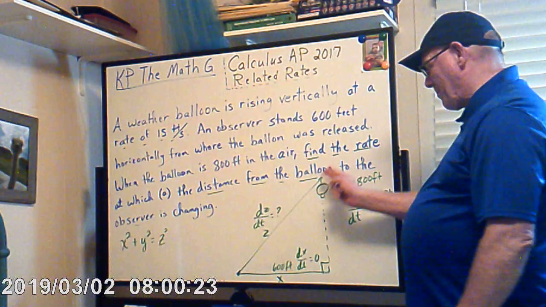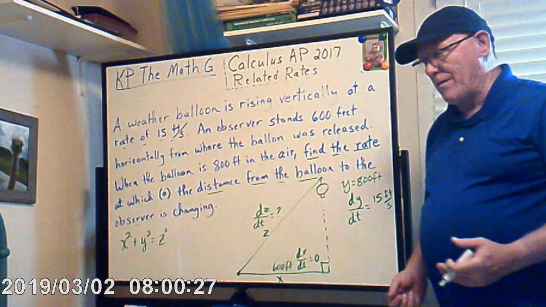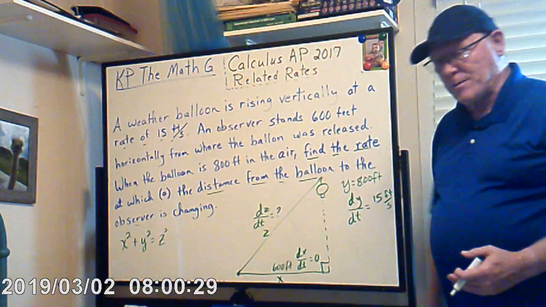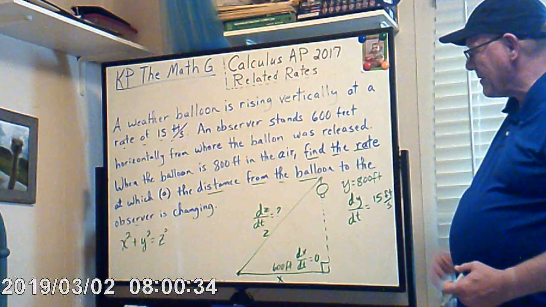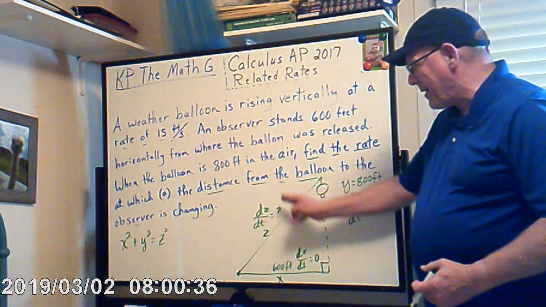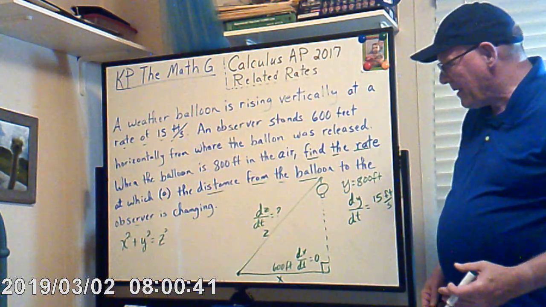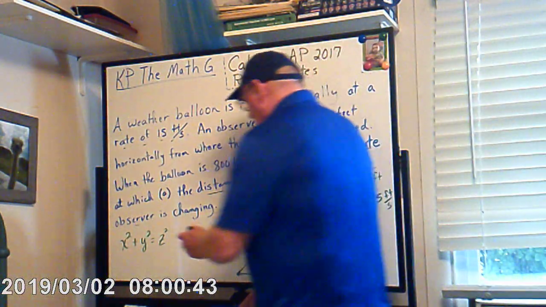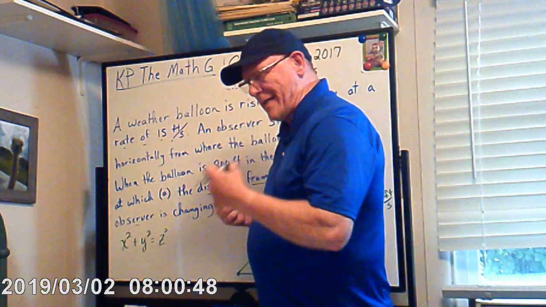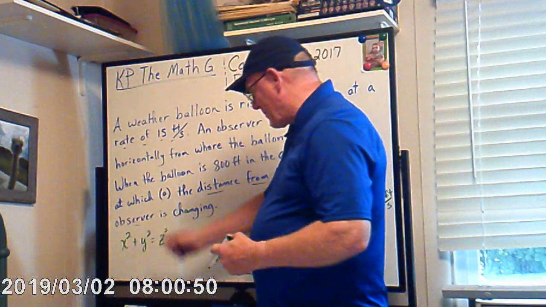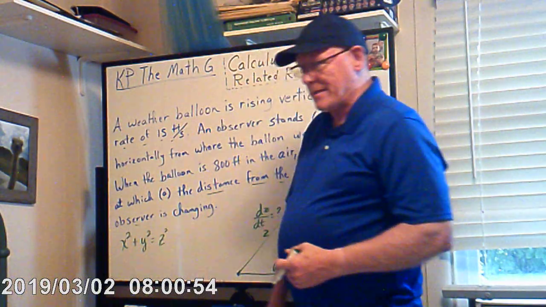On these types of problems, you have a triangular problem, you're dealing with the Pythagorean theorem. Now since we're looking for this rate of change, we've got to take the derivative. Every time we take the derivative of each one of these variables, we are tacking on the dx over dt, the dy over dt, and the dz over dt.